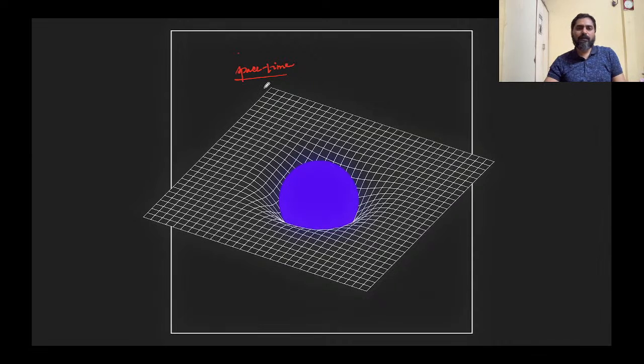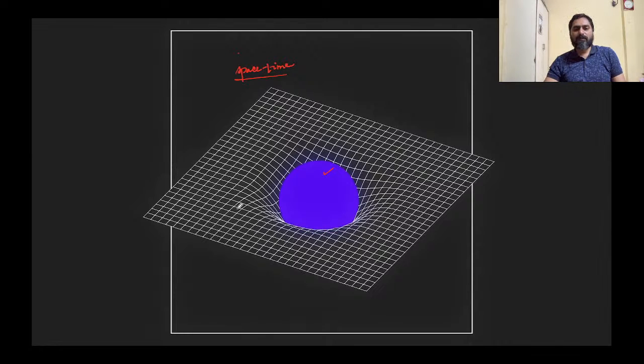He says that space-time is like a piece of cloth, and matter is like a ball. If you place a ball on this cloth, the cloth gets warped. In this diagram you can see that the space-time matrix is getting warped.